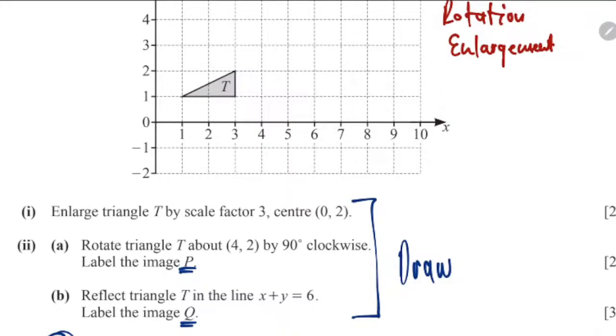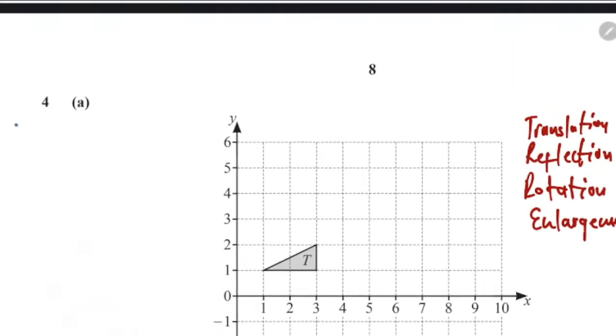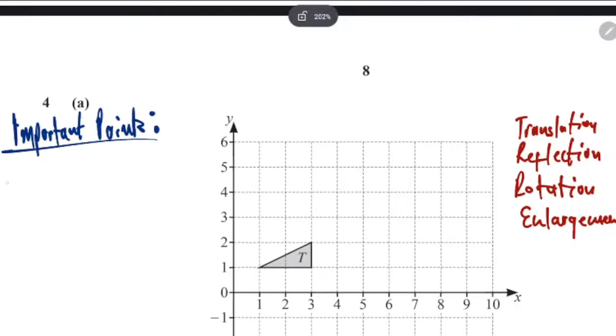The first one, enlarge T by scale factor 3. All right. So here is what we said yesterday. When you're doing an enlargement, write this to all those important notes, okay? Important points for this chapter of transformations.